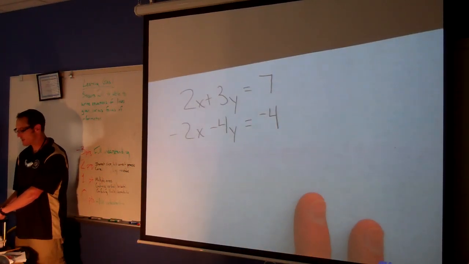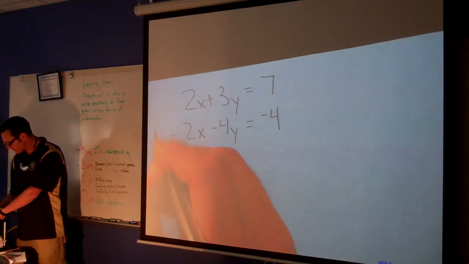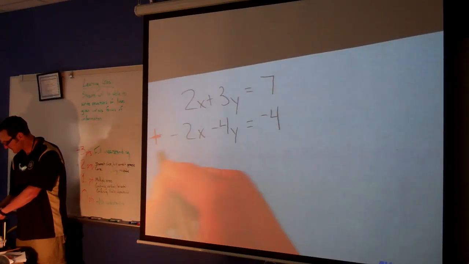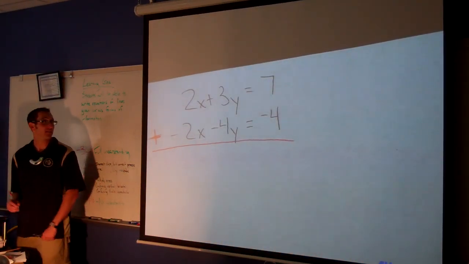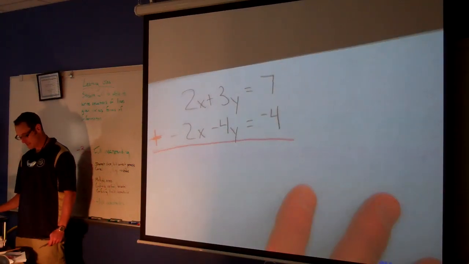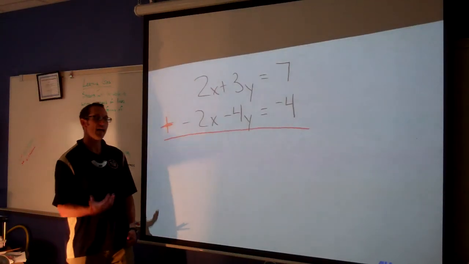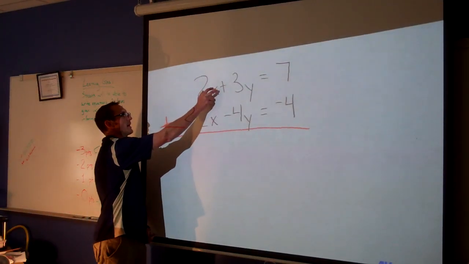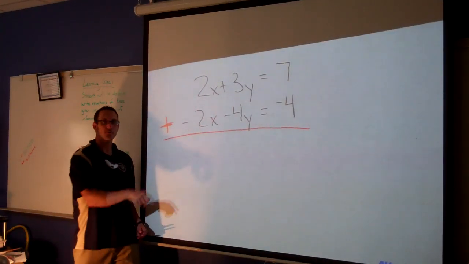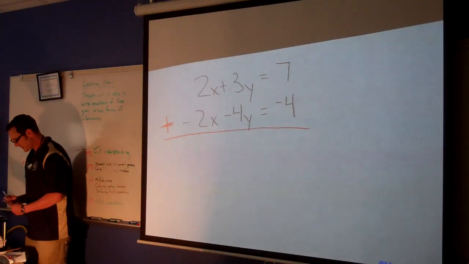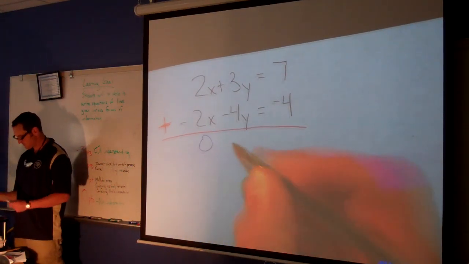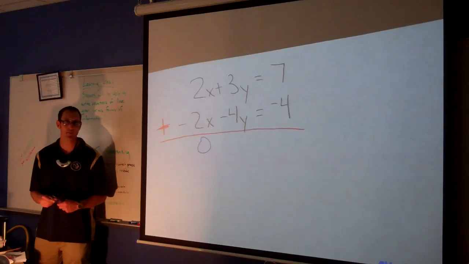So I'm going to go ahead and do that. And when I add equations, I'm going to put a big old plus sign out to the side to remind myself that I am adding these two equations. So here's what happens. I add straight down. 2x plus negative 2x. What is that going to give me? 0. Remember, the variable cancels completely.